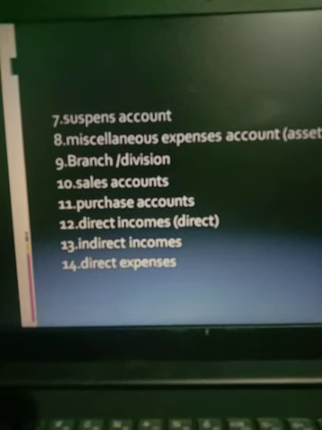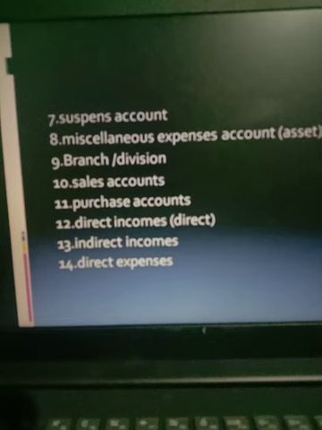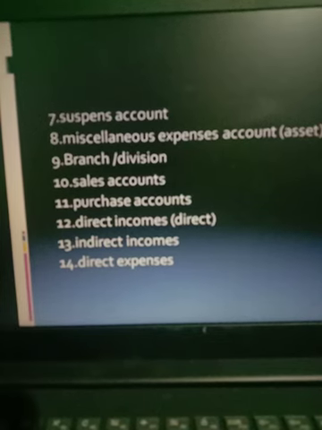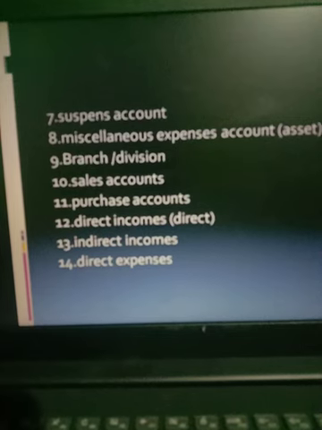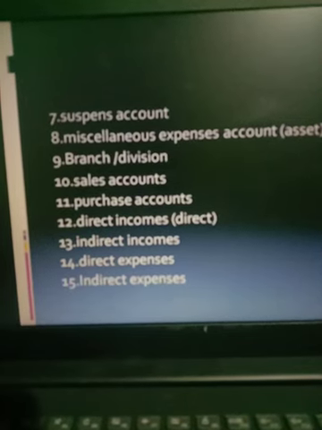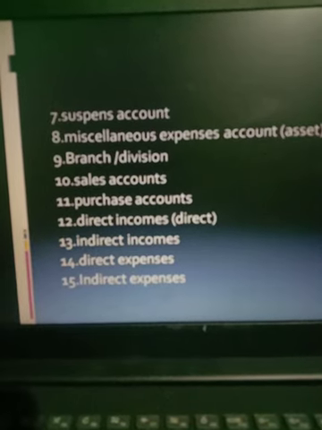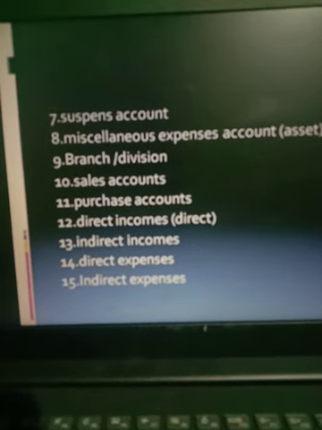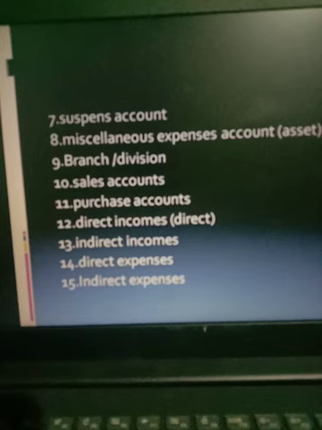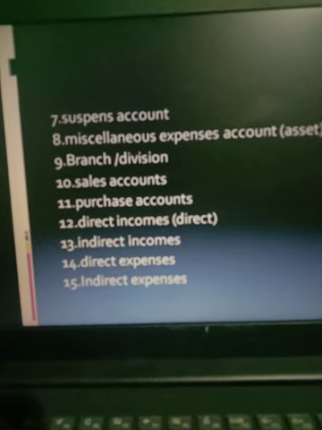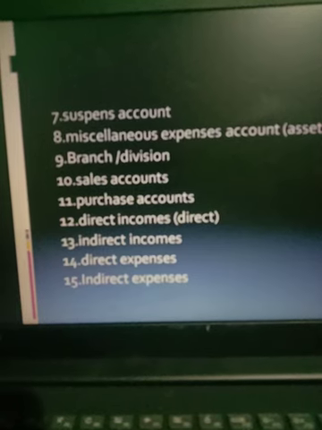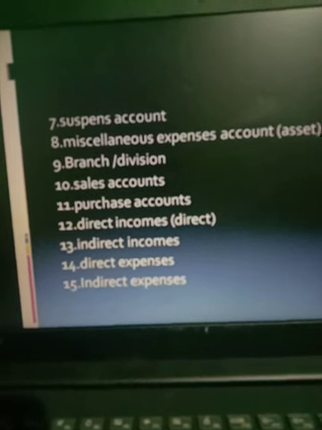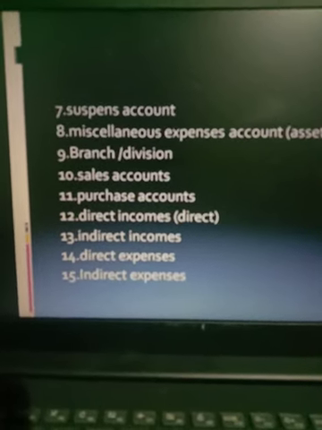Direct expenses are whatever expenses are incurred to produce a product or service. Indirect expenses are expenses made by the company not for production, for example marketing and advertisement expenses.